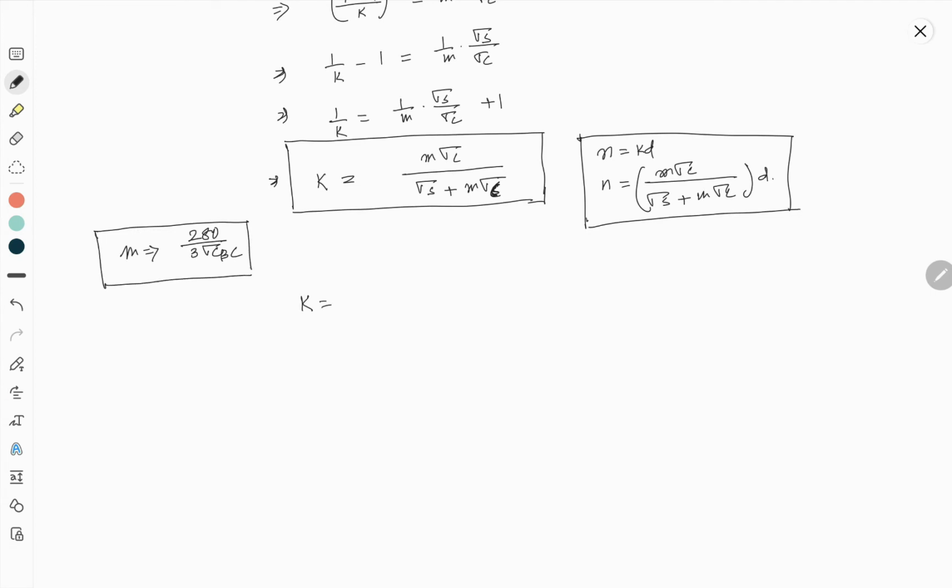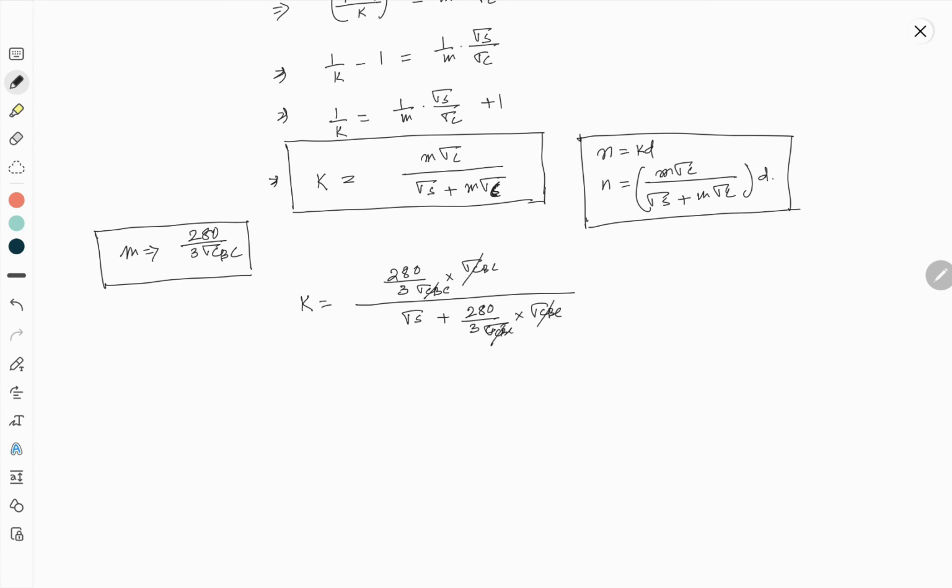So k equal to 280 by 3 sigma cbc into sigma cbc divided by sigma s plus 280 by 3 sigma cbc into sigma cbc.